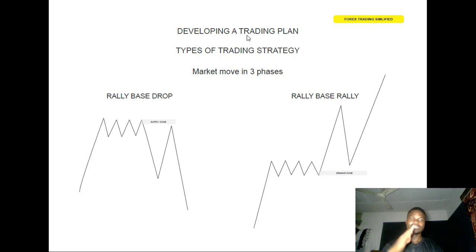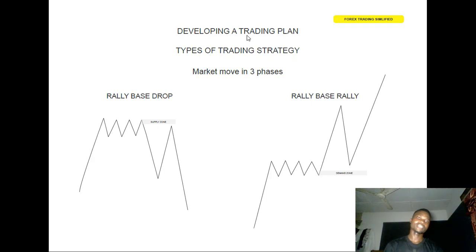That is for supply. And when we are talking about demand, demand simply means when the buyers have overthrown the sellers in the market, thereby the market will be going up and up.